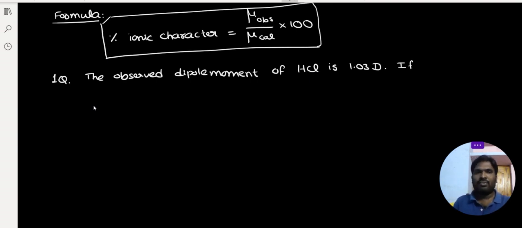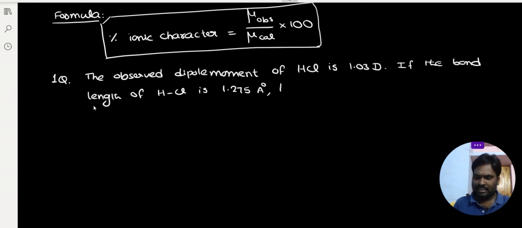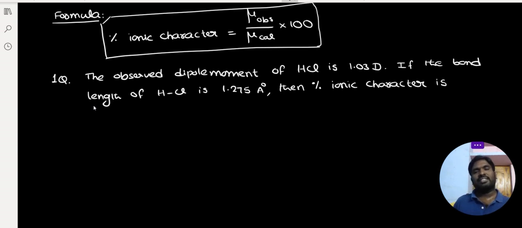If the bond length of the H-Cl single bond is 1.275 angstrom, then what is the percentage ionic character? This is the question.